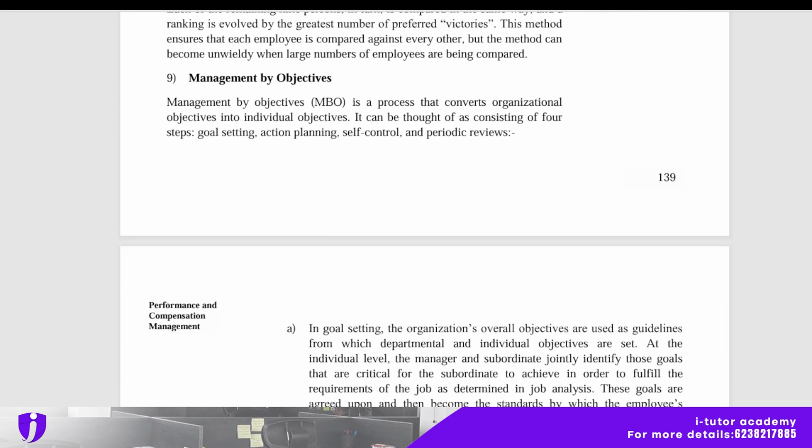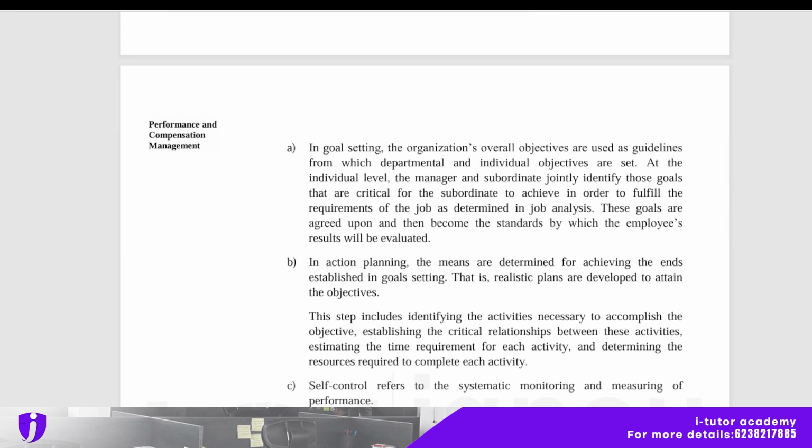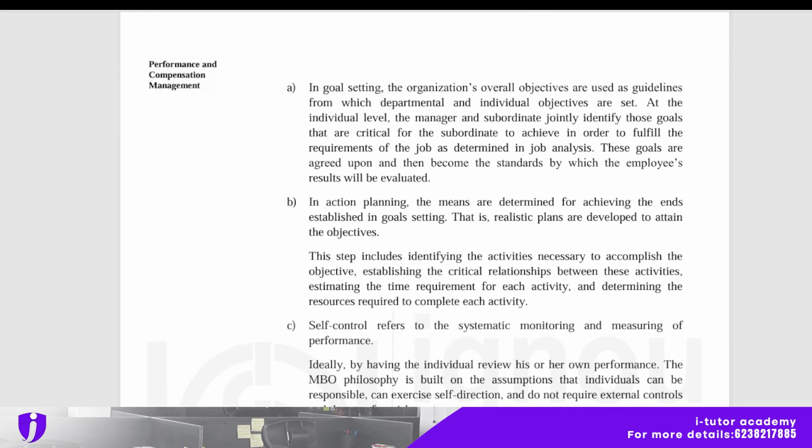Management by objective, that is MBO, is a process that converts organizational objectives into individual objectives. It can be thought of as consisting of 4 steps: goal setting, action planning, self control, and periodic reviews. In goal setting, the organization's overall objectives are used as guidelines from which departmental and individual objectives are set.